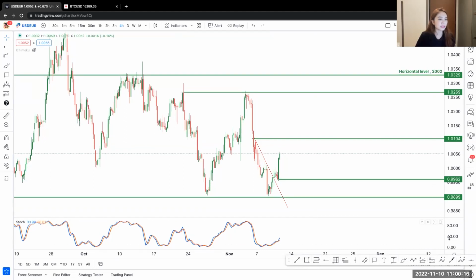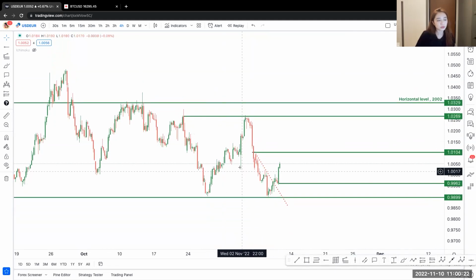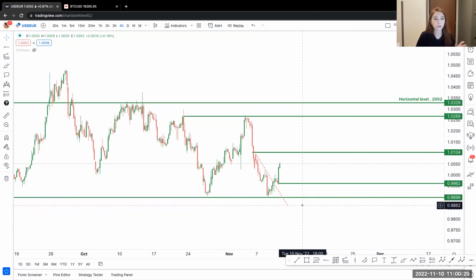Preferably if it's me, I'm not very keen on dollar euro, as it's not much of a trend. It's just bouncing up and down between 2 levels that we are looking at, which are 1.0269 and 0.9899. So I would say keep it in view. Do take a look again until there is more trending, then we can continue with it.